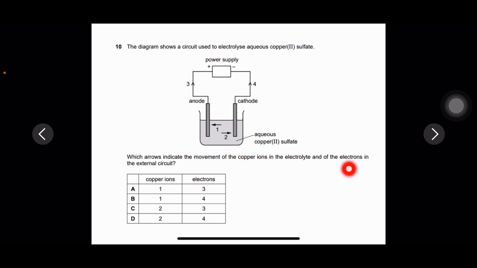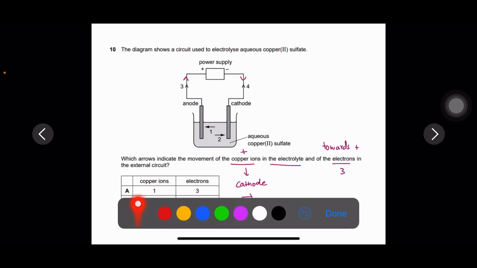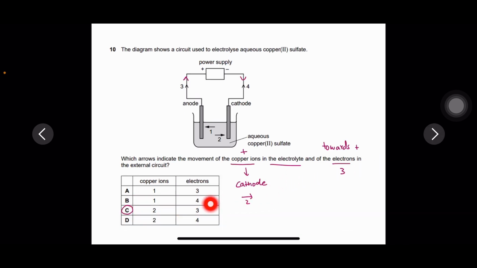And electrons move from the anode to the positive terminal, and from the negative terminal towards the cathode. So arrow 3 is showing you the electrons' direction. So the answer will be option C. Copper ions are shown by arrow 2 and electrons are shown by arrow 3.